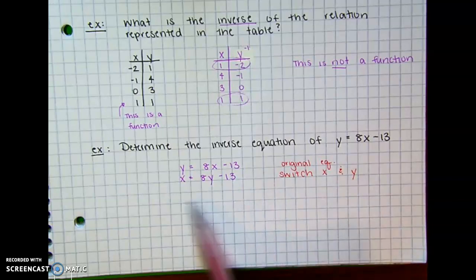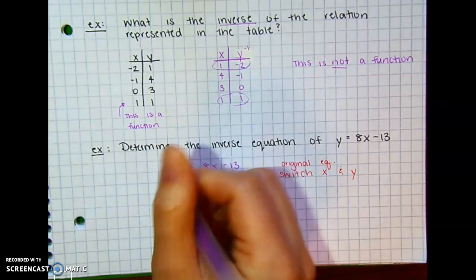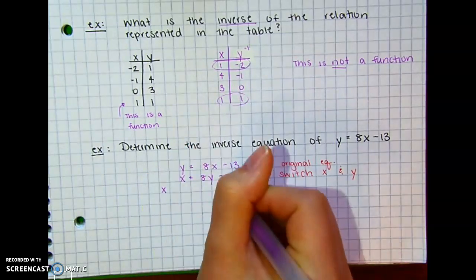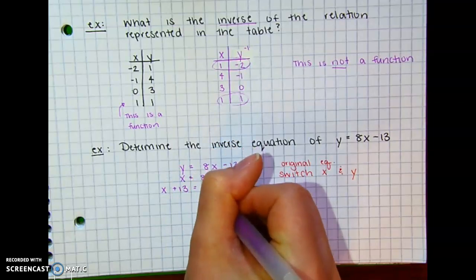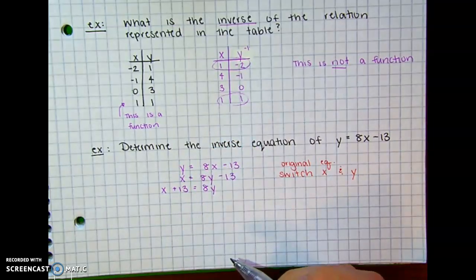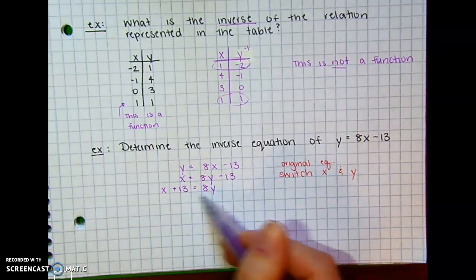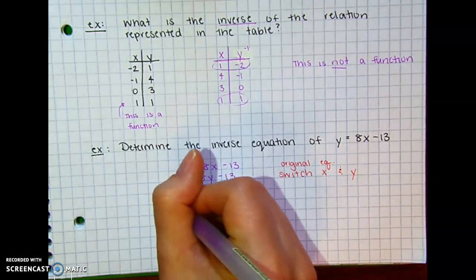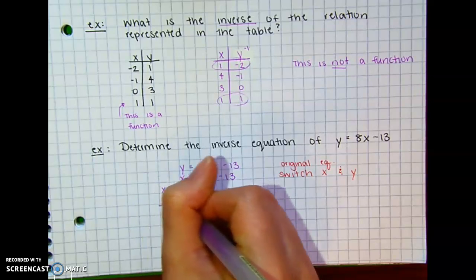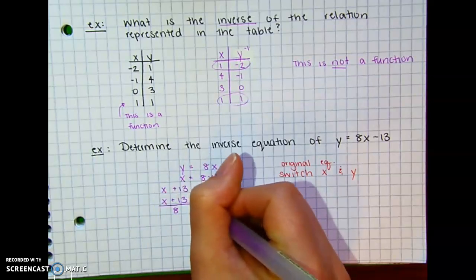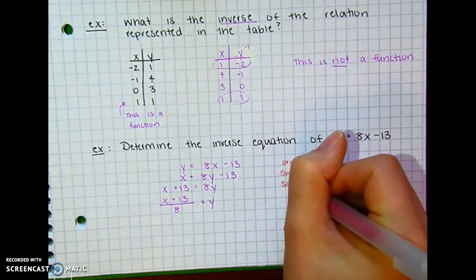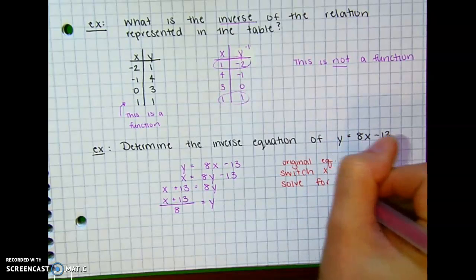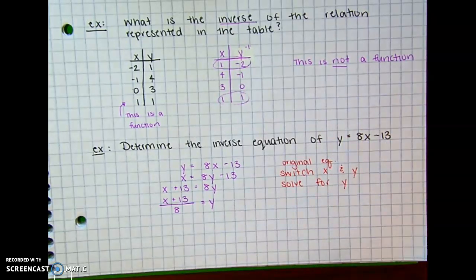So I'm going to add 13, and then I'm going to divide by 8 to get y by itself. So here we just solve for y. And then we're going to rewrite our equation.